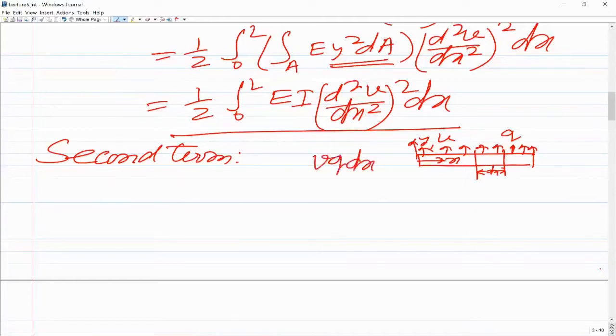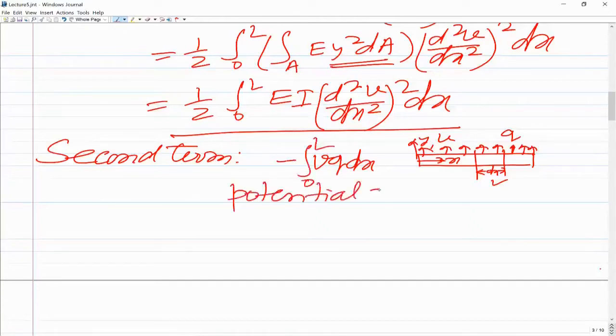So v is the displacement along the y direction, and force q is also along the y direction. So v into q dx is the work done by this force q acting over a length dx, and the potential energy is negative of this, taking datum as the undeformed configuration. So we put a minus sign, and then to get the total potential energy, we integrate it from 0 to L.